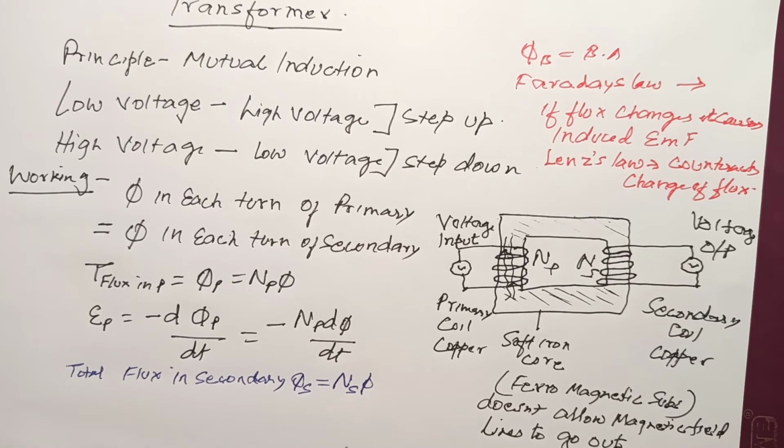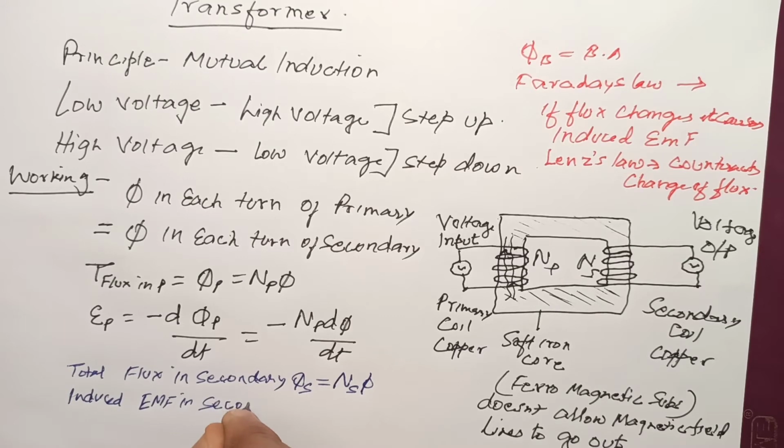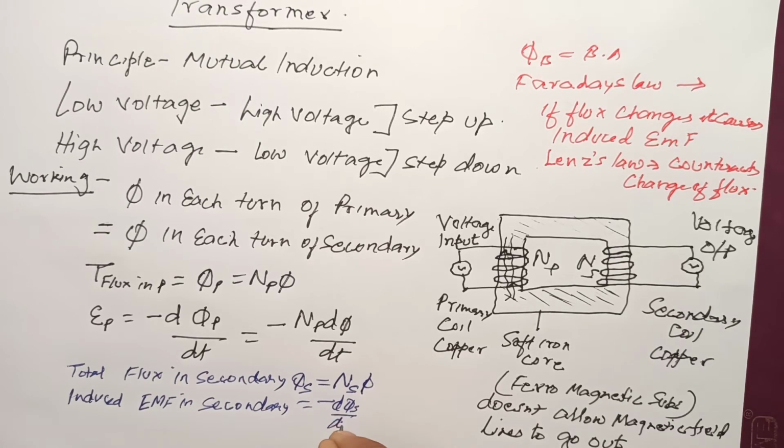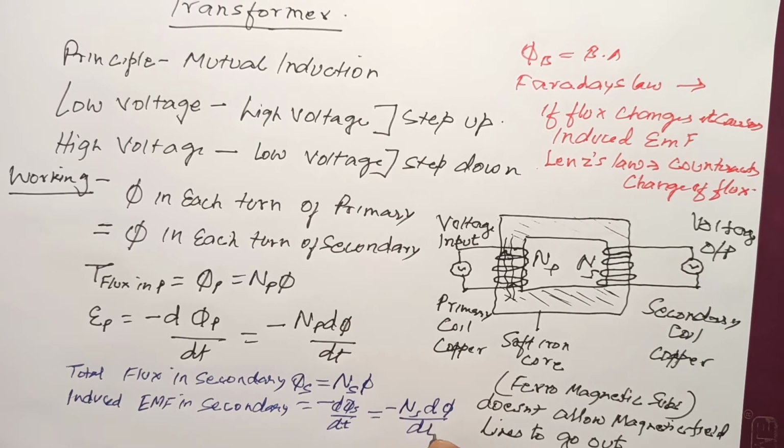Now the induced EMF in the secondary will be minus d phi s by dt. This is equal to minus NS d phi by dt.